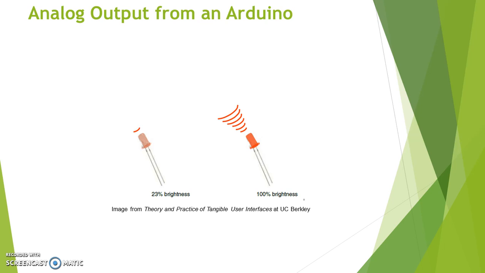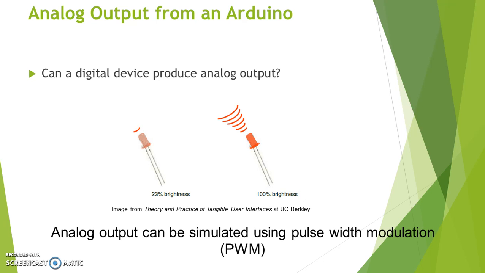And we've already seen this when we changed the resistances. But it really isn't that easy to control. And so we don't do it that way. Instead, we simulate the analog output that we see here of 23% brightness versus 100% brightness, for example. We simulate it using pulse width modulation.